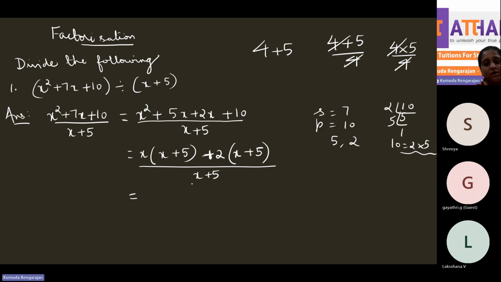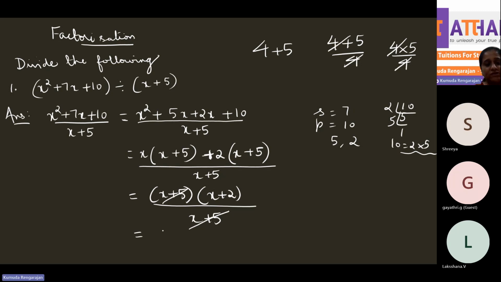Next step, whatever is common in the brackets, write out that once, x plus 5, and gather the remaining terms, x plus 2, in another bracket. Then divided by x plus 5. Now you can see it's a product. The numerator is a product, x plus 5 into x plus 2. Now you can cancel this x plus 5 and x plus 5.